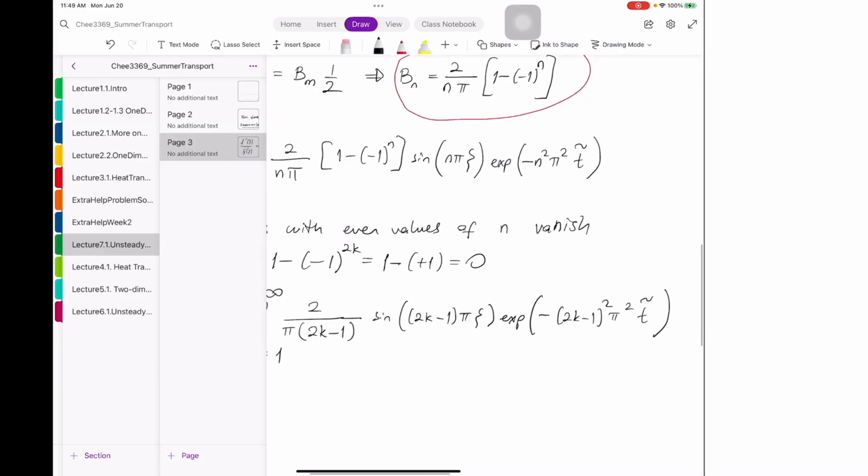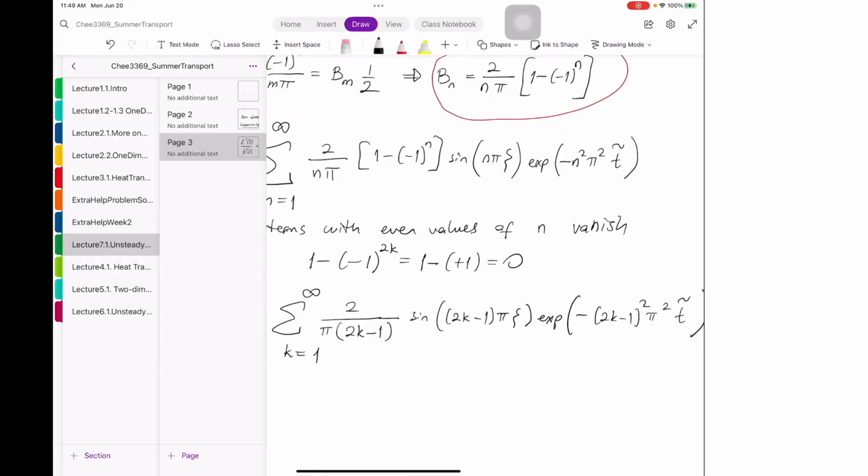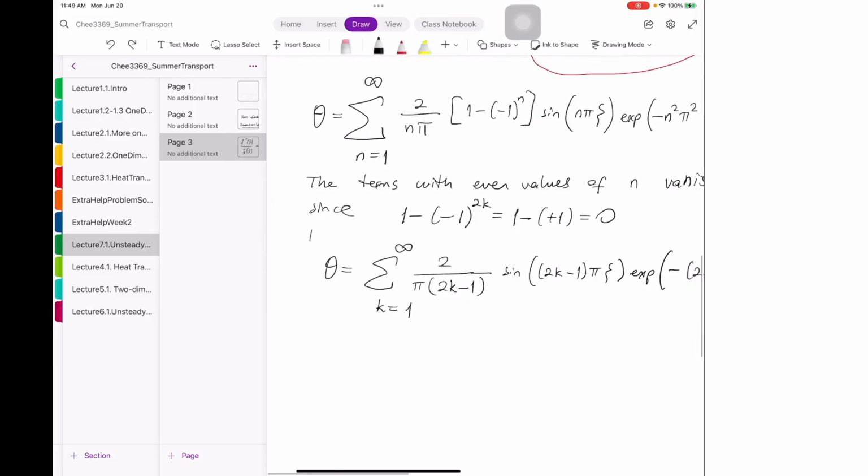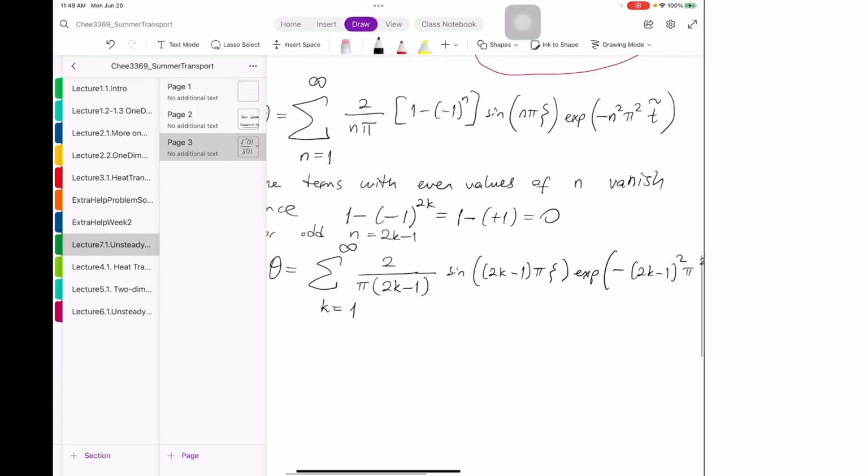Yeah, so one more thing. I should include the 1 minus (-1)^n, right? This gives you actually 2 for odd numbers, okay? For odd n, what happens is basically 1 minus (-1)^(2k minus 1) gives you 1 minus minus 1.